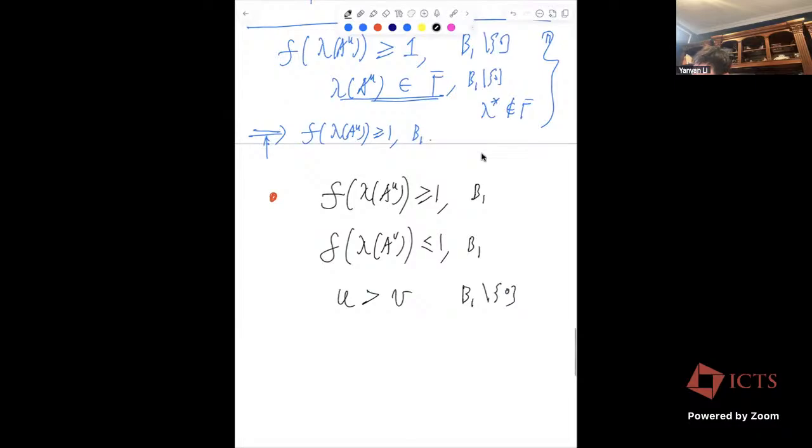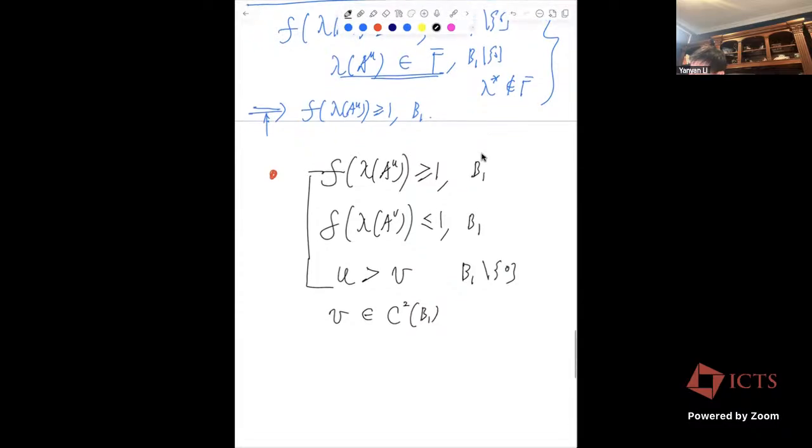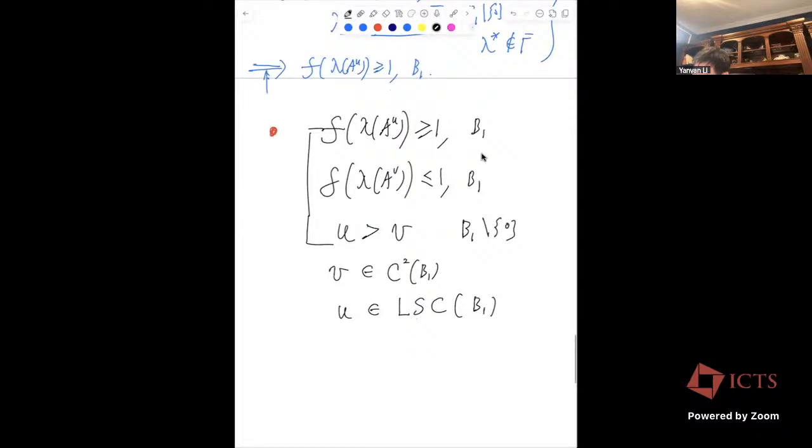Here I assume also V is C2, but I assume U is only lower semi-continuous on B1. So we will still be able to prove that U is bigger than V at 0.